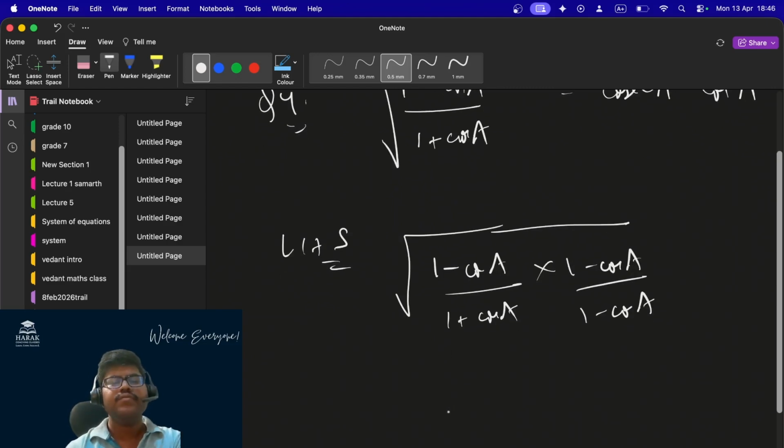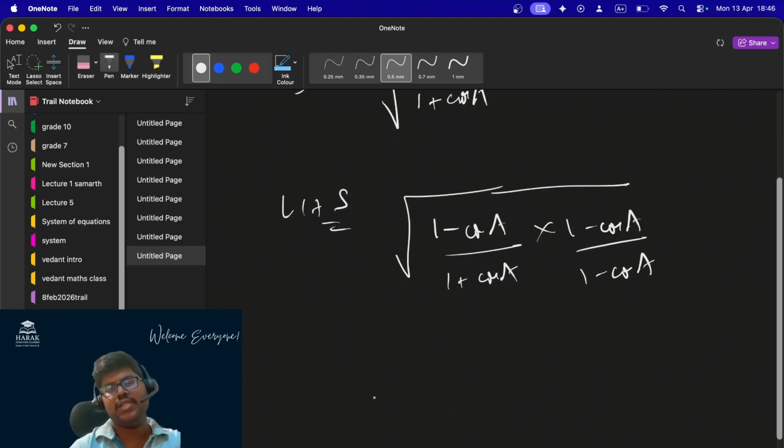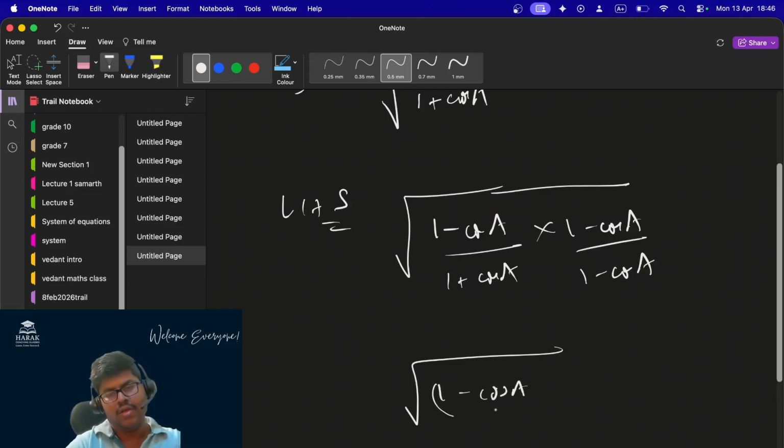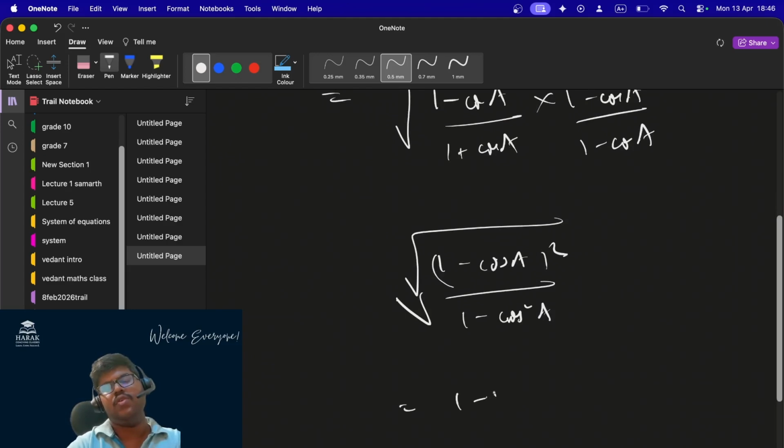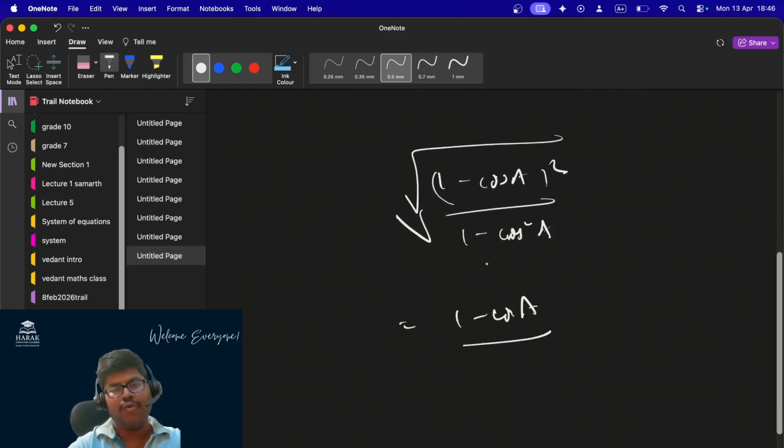This way, the numerator would become 1 minus cos square A, and below it would become 1 minus cos square A. Then the numerator cancels with the root, so it would become 1 minus cos A.